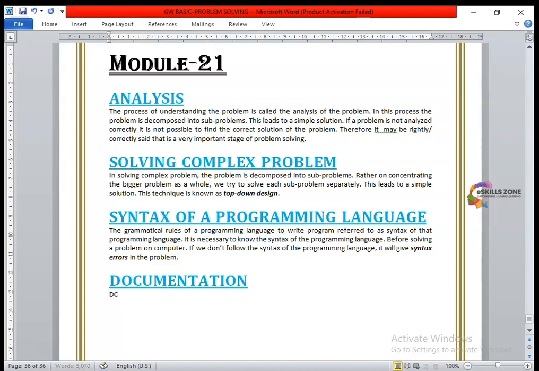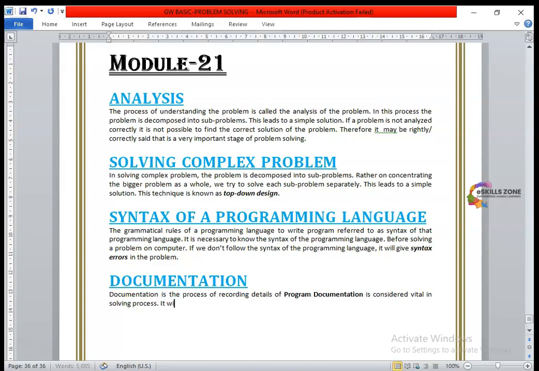So we can define documentation as the process of recording details of a program. Documentation is considered vital in the solving process.